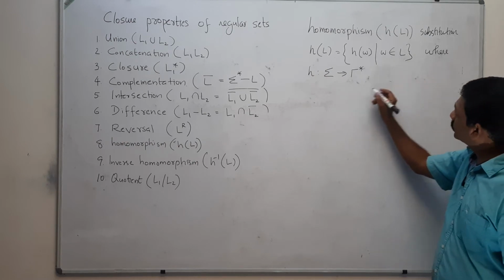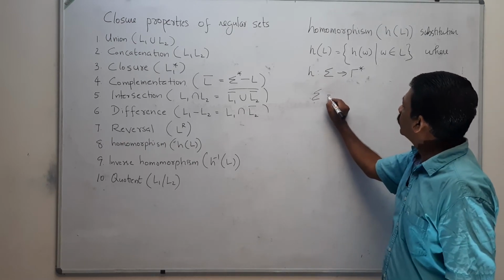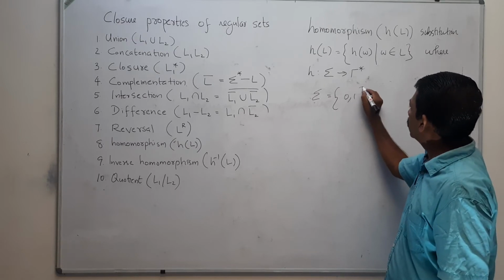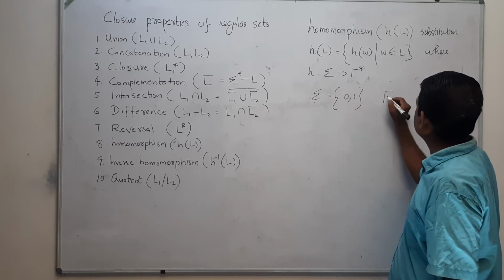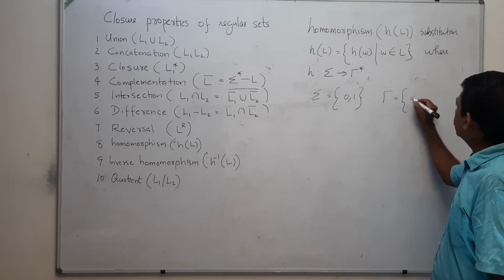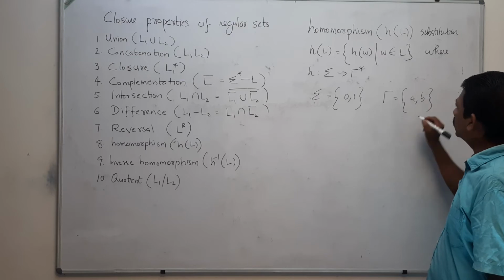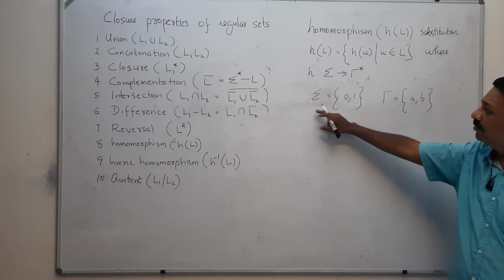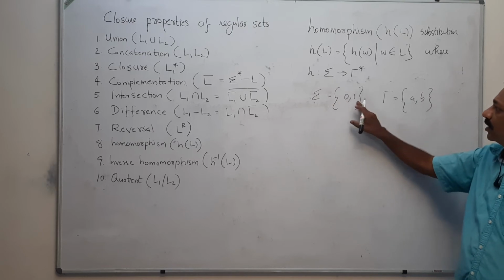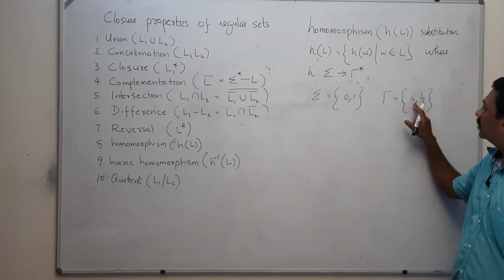For example, suppose that sigma is equal to 0, 1 and tau is equal to a, b. That means here you have two sets of alphabets. Here sigma is 0, 1 and tau is a, b.